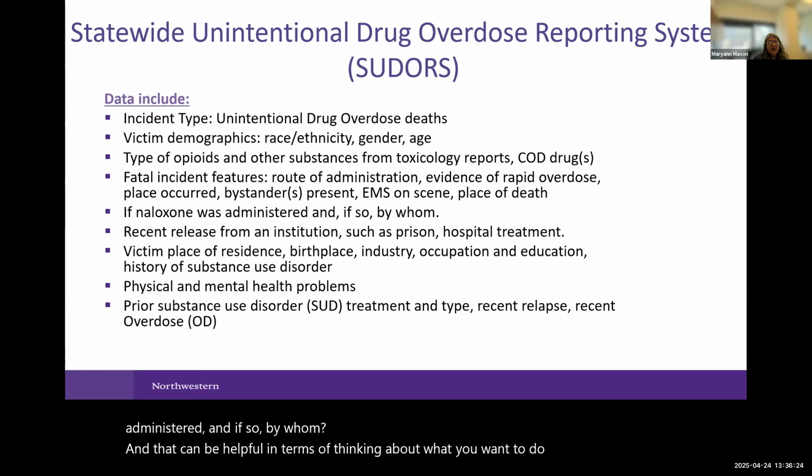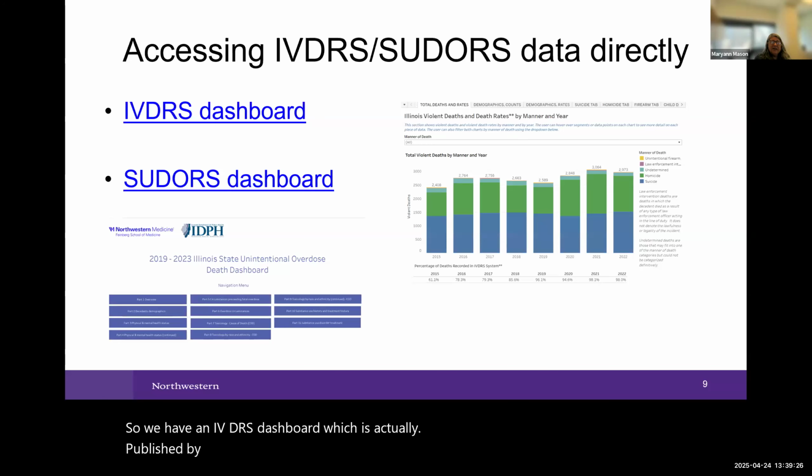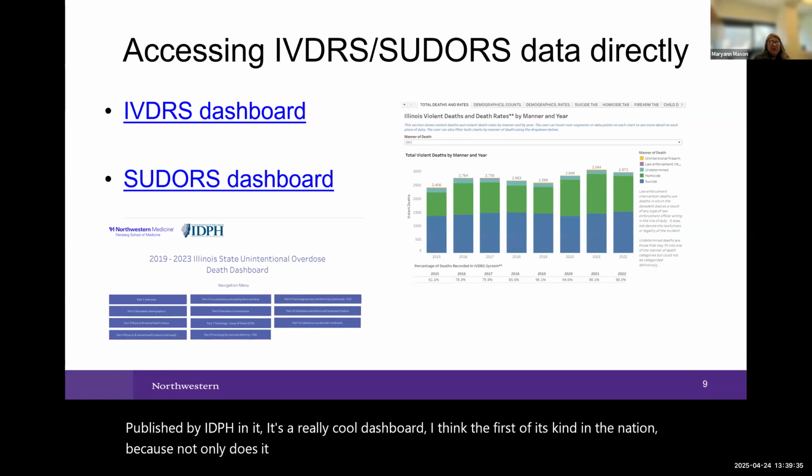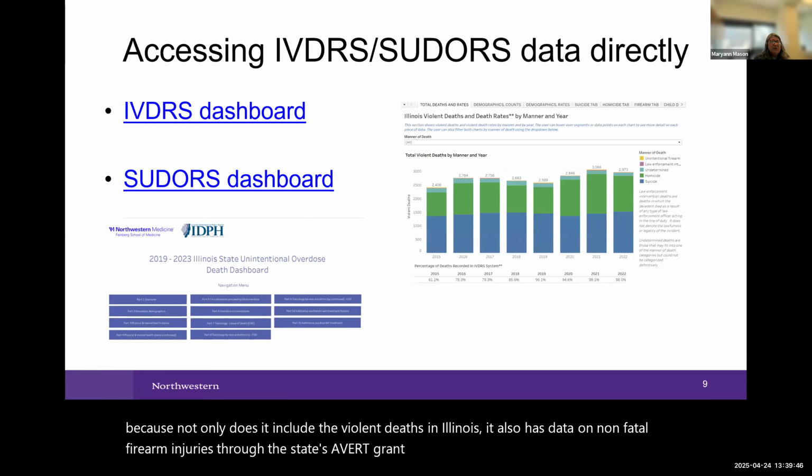So all of that is readily accessible. We have an IVDRS dashboard, which is actually published by IDPH, and it's a really cool dashboard. I think the first of its kind in the nation, because not only does it include the violent deaths in Illinois, it also has data on non-fatal firearm injuries through the state's AVERT grant.